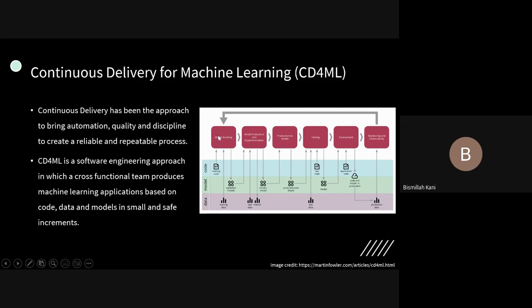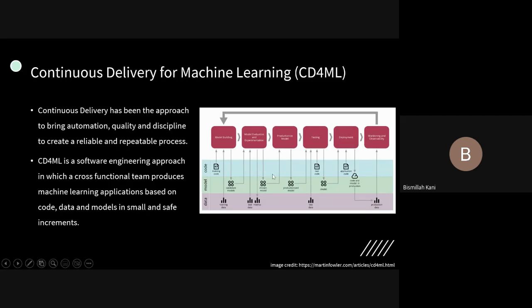It has six main things which are aligned to the machine learning life cycle, from model building to monitoring and observability. What continuous delivery achieves is that it is an approach to bring automation, quality, and discipline in order to have a reliable and repeatable process for machine learning.